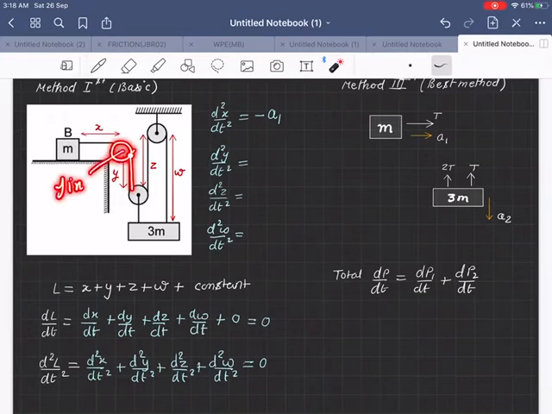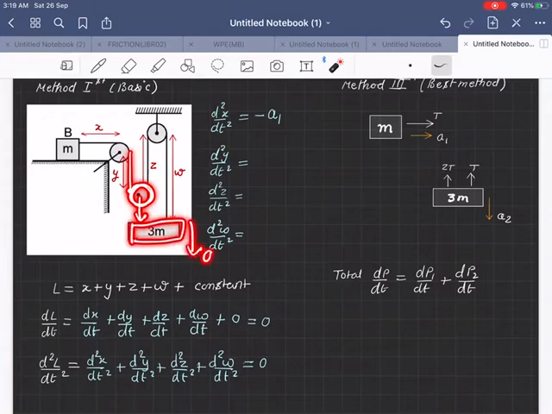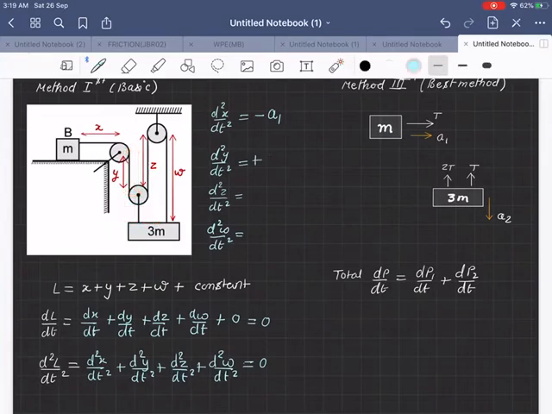Now the other point, which is right here, is also on a pulley, but this pulley is moving. Why is it moving? Because the block is moving with a2 acceleration, so this has to move with a2 acceleration. So in the end we get y increasing because of a2 acceleration. So this is going to be plus a2.